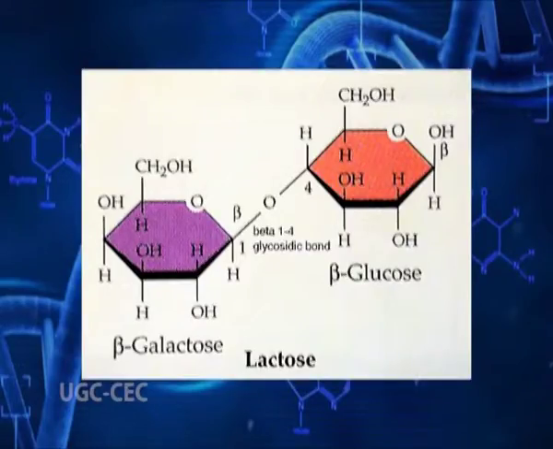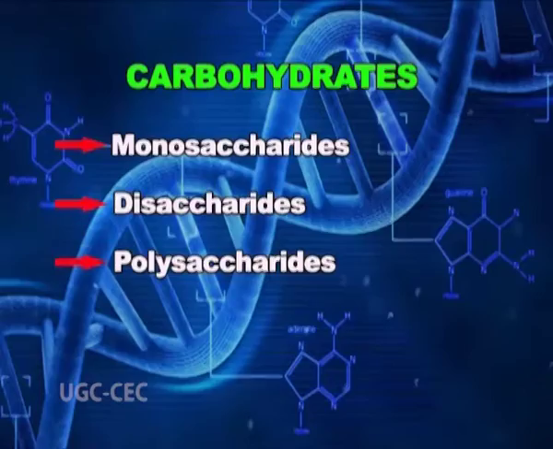Lactose is a disaccharide that consists of beta D galactose and beta D glucose fragments bonded through a beta 1,4 glycosidic linkage. An enzyme, lactase, is essential for digestion of lactose, and a majority of adults in this country do not have lactase, which digests milk sugar or lactose.